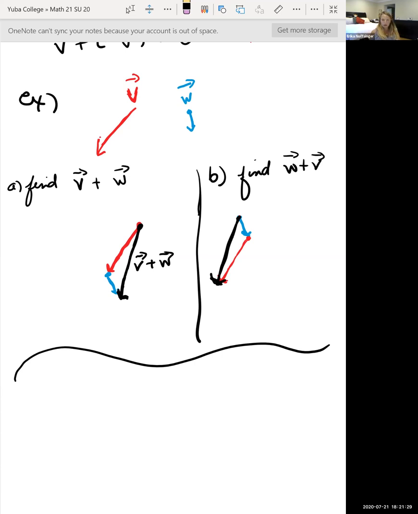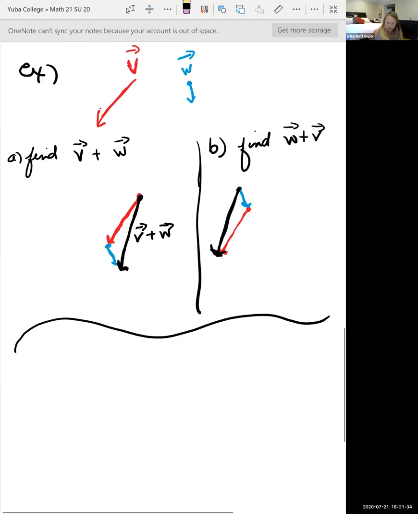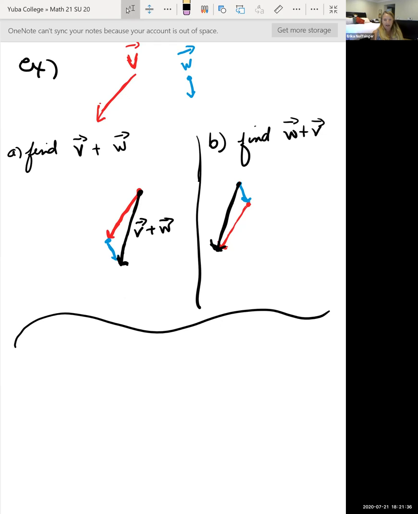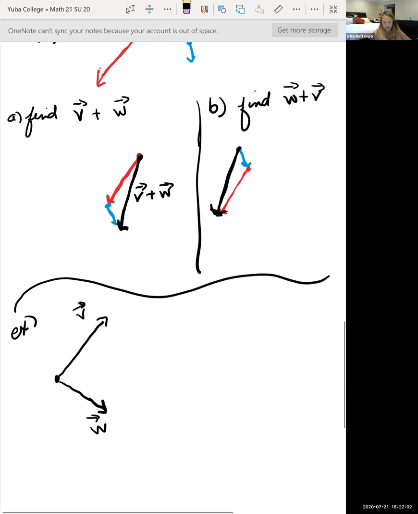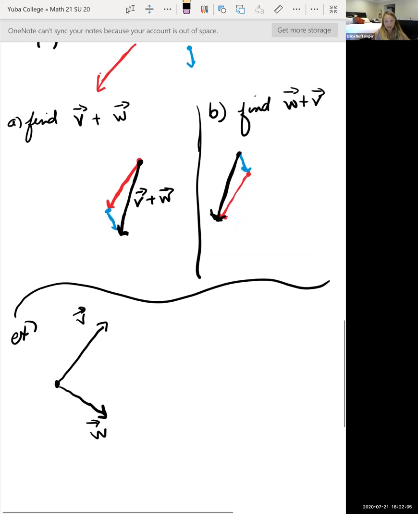So there's another way to draw these. The other way is to make a parallelogram. This is a case where you might want to do this if you have two vectors that start at the same position. So let's say that, for example, this is V, and this here is W. To find the sum of V plus W, basically you're going to make a parallelogram.